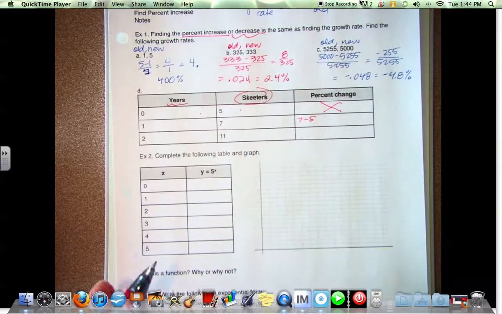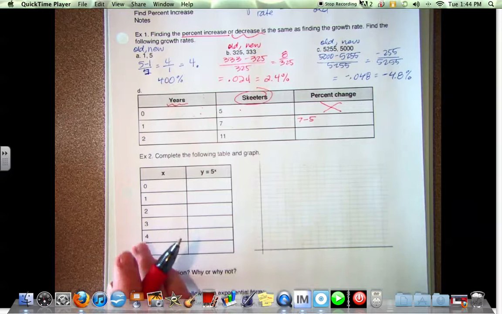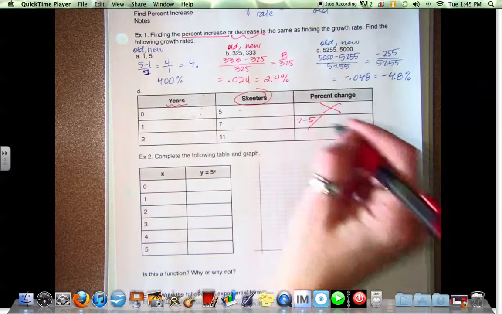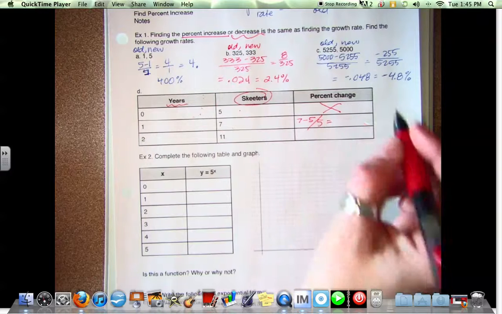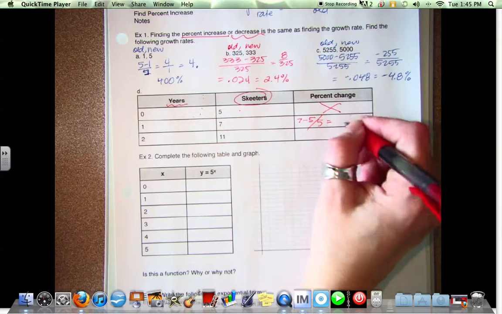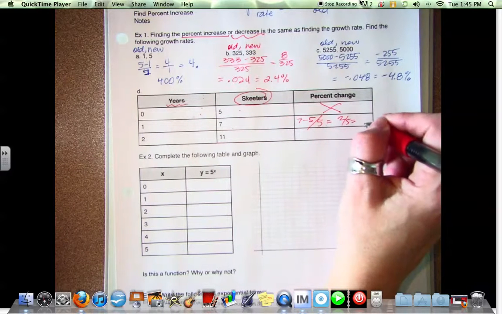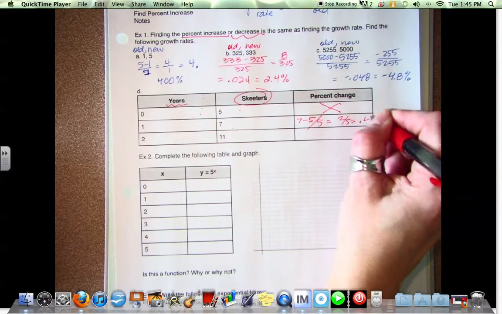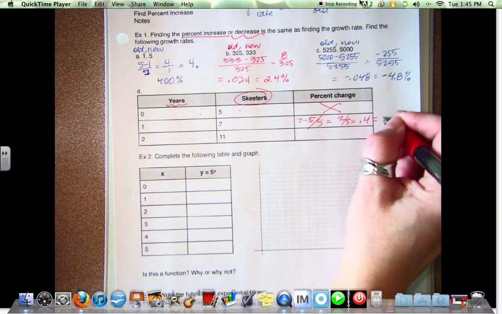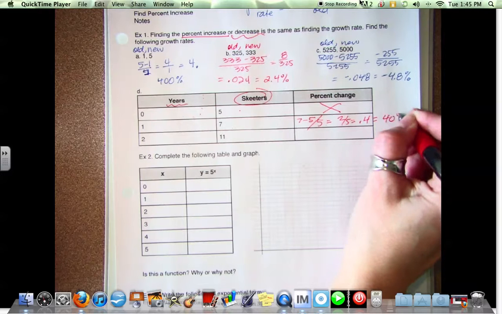So we're not going to compare years. We're comparing the number of skeeters. And we divide that by 5. So 7 minus 5 is 2. 2 divided by 5 is 0.4, which is what percent? 40%. Okay.